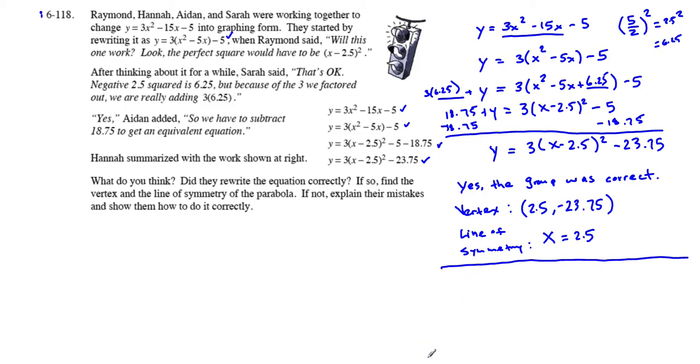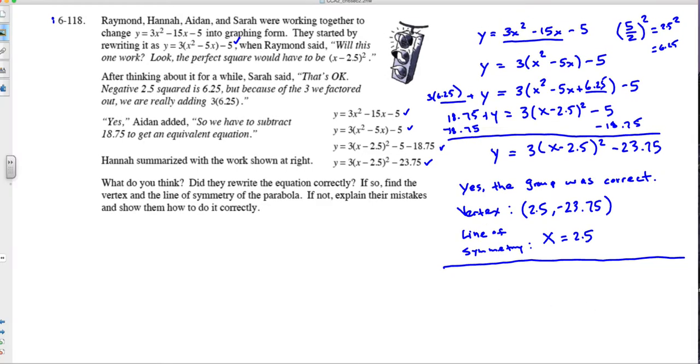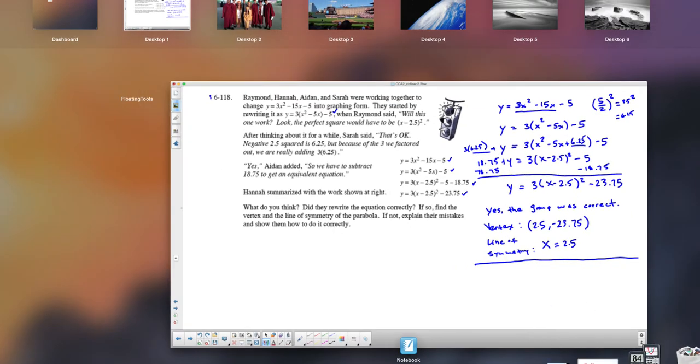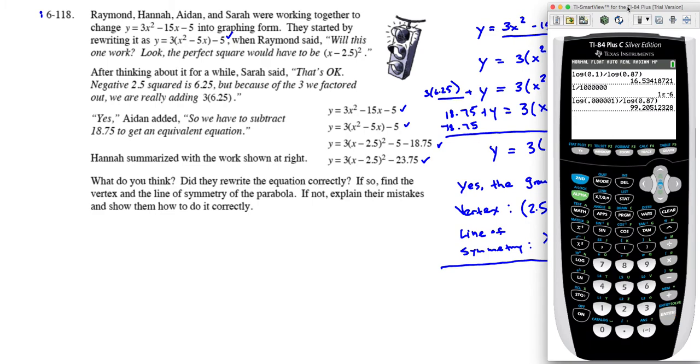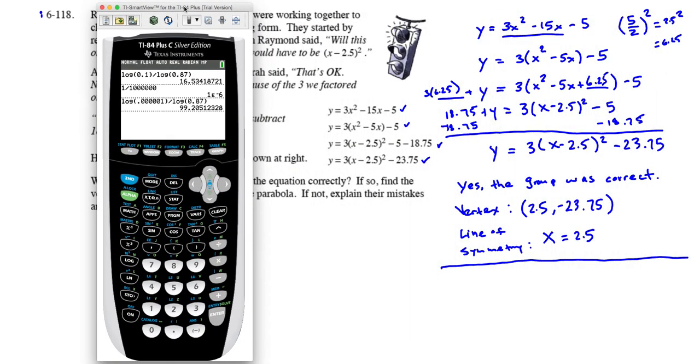Another quick way you can check to see if they are correct is to graph what they started with, and then graph what they finished with, and it should give you the same parabola. Let's clear out what we've got in here. Their original function is 3x squared minus 15x minus 5.